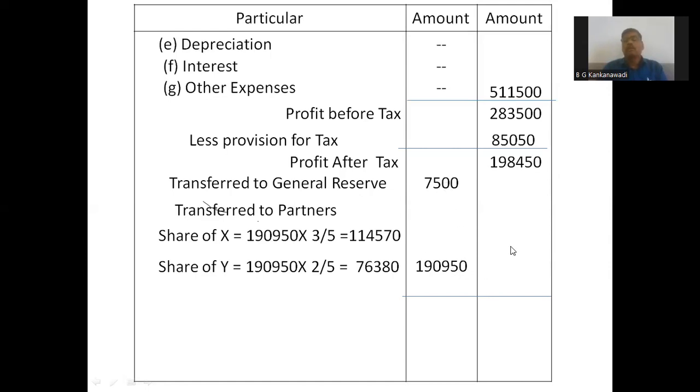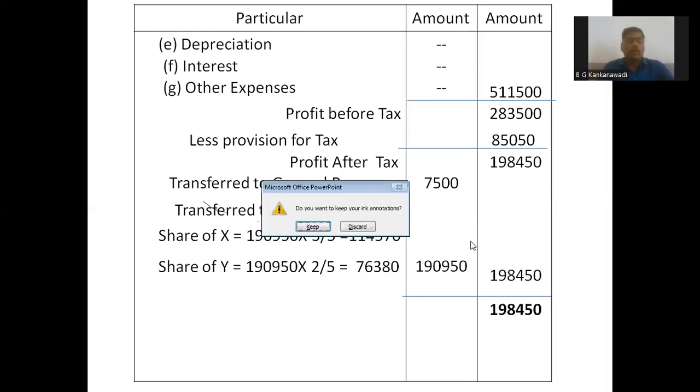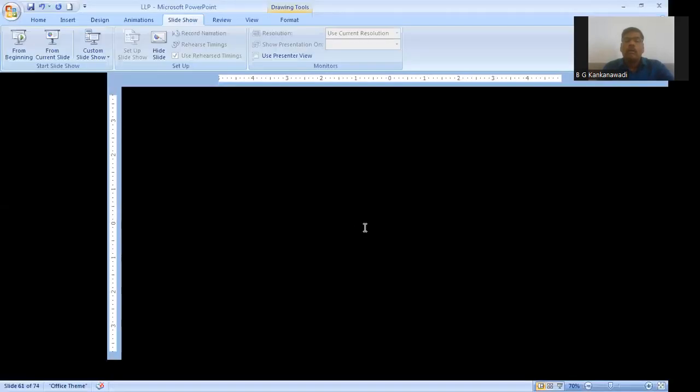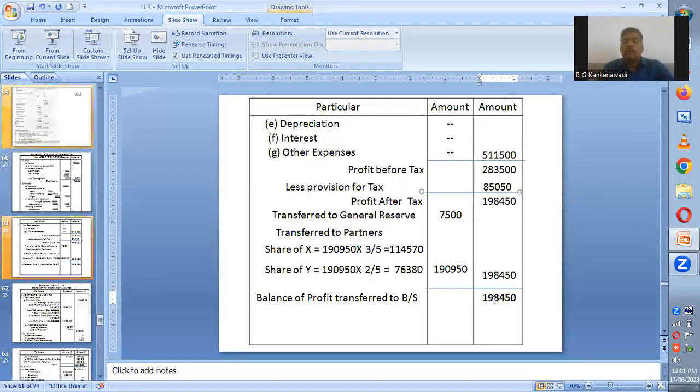The total of these two is again equal to the outer column 1,98,450. Then whatever balance remains, that balance goes to the balance sheet. So balance is 0. Zero goes to the balance sheet. Okay.